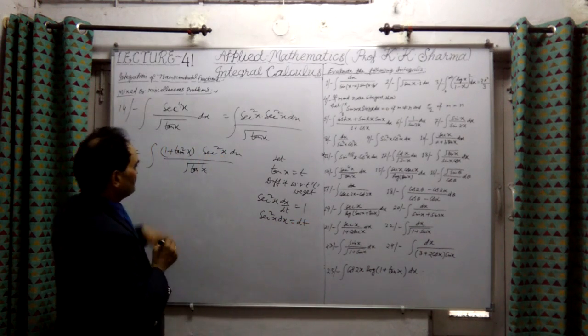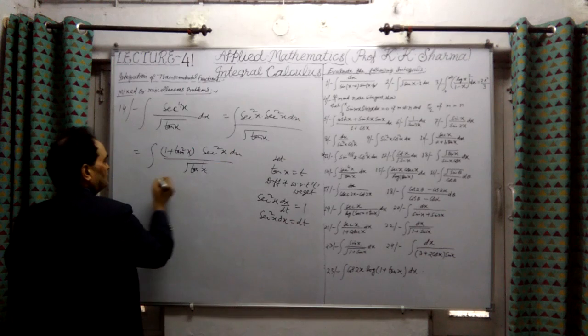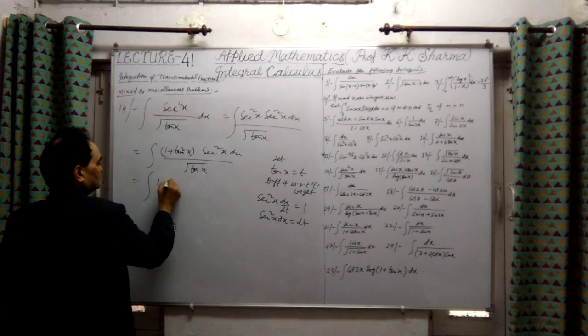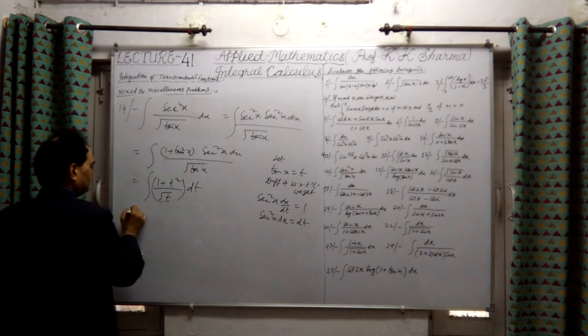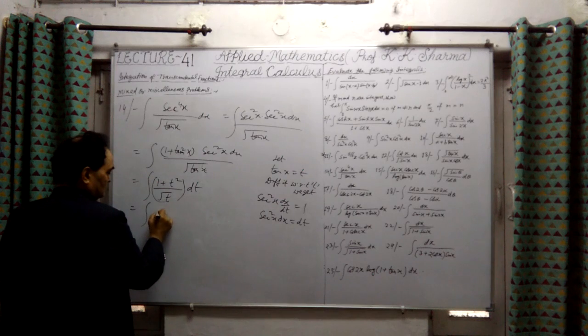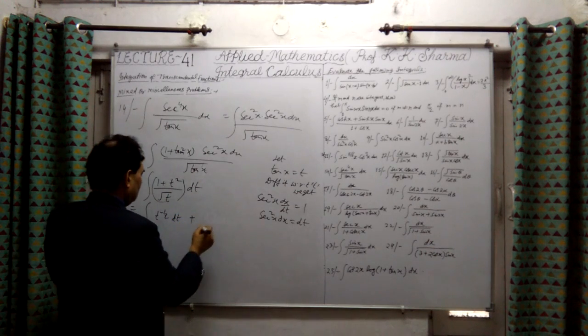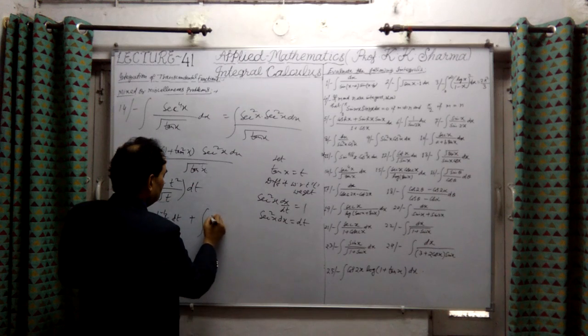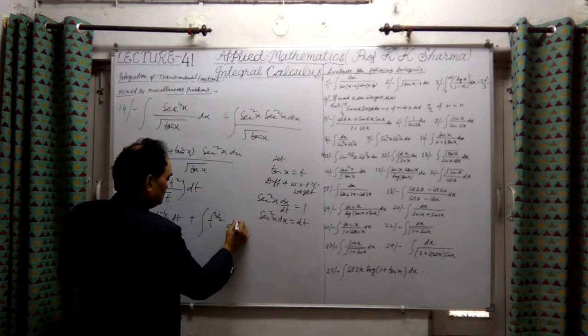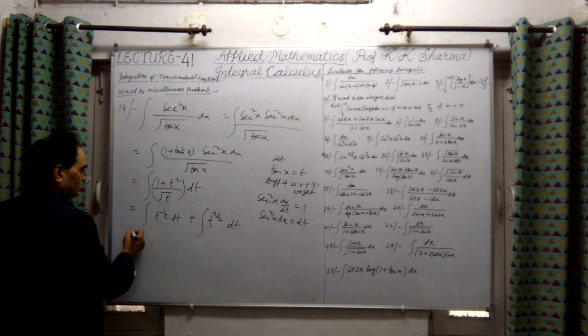Substituting this value here, we get the integral of 1 plus t² upon under root t into dt. Now let me separate them. This will be t raised to power minus half, because 1 upon under root t can be taken in the numerator, dt, plus the integral of t raised to power 2 minus half, that is t raised to power 3 by 2, into dt can be integrated now.